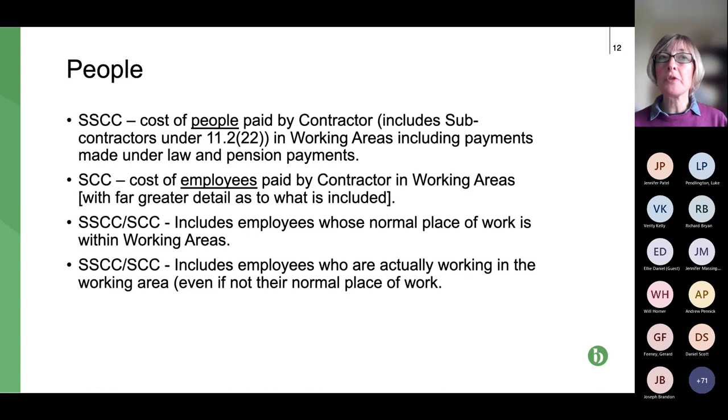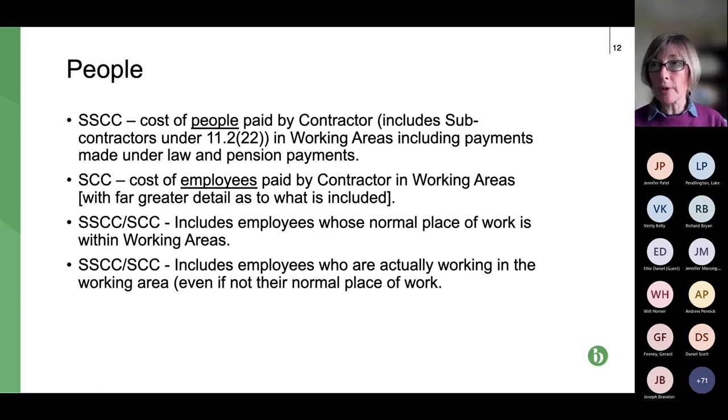So the great long list, fundamentally it includes the cost of employees, so what they're paid. It obviously includes the tax that is paid, PAYE, on their behalf. So that's income tax, national insurance, but it also includes those extras: cost of health insurance, cost of company car, cost of their accommodation if they're working away. So there's a whole list of items, the cost of them being on holiday, netted out over the course of the project. So there's a whole raft of things that cover the cost of employing somebody.